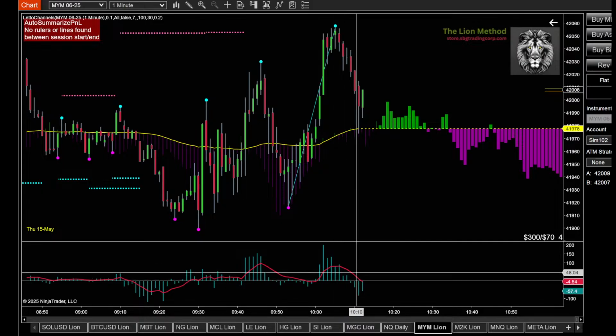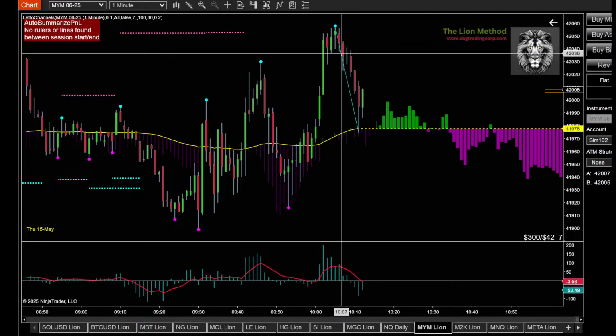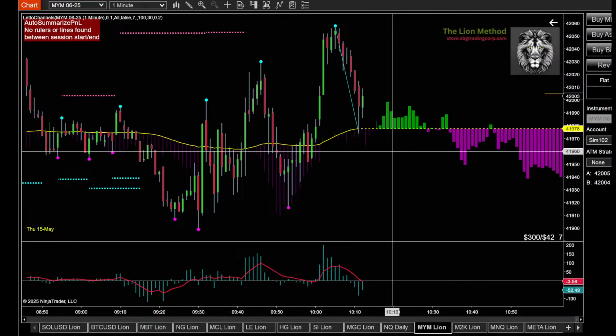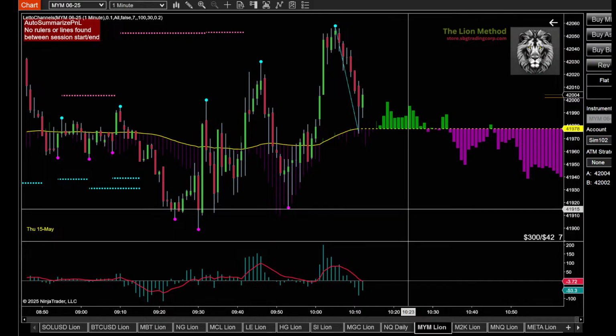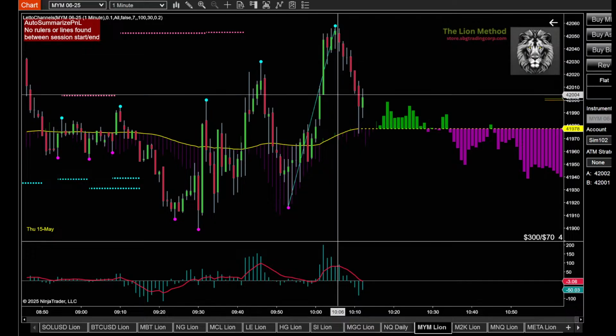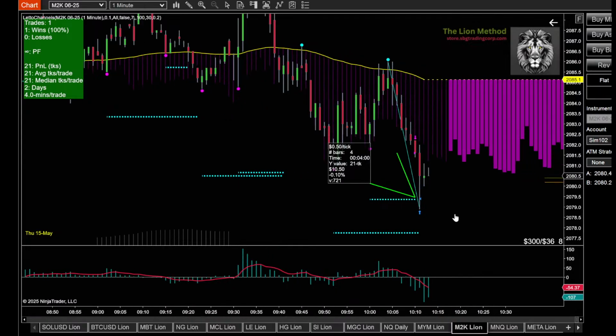Right here, we see it definitely was below its average and it started going south. Good information on a breakdown there. Went right back to the 100 line. Could have been a nice setup, but there is no lion sell dot here. Important to notice.